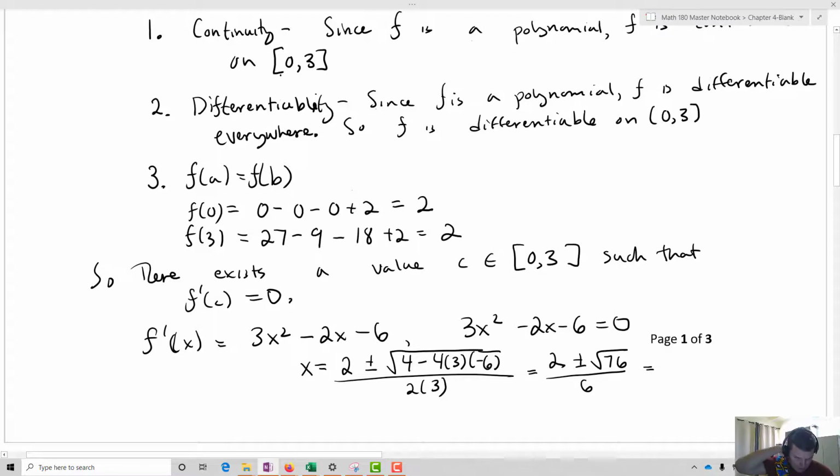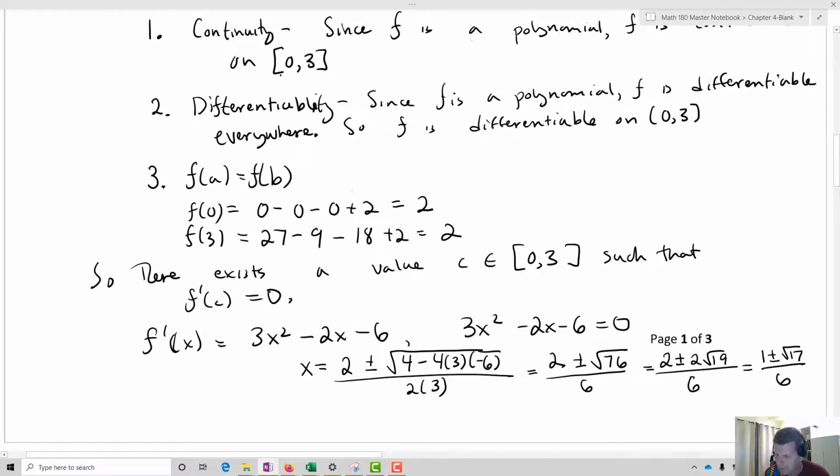And I do know that the square root of 76 is going to be divisible by 4. So that is 19. Okay, so this is going to be 2 plus or minus 2 root 19 over 6. And this is thus going to end up equaling, okay, 1 plus or minus the square root of 19 divided by 6.